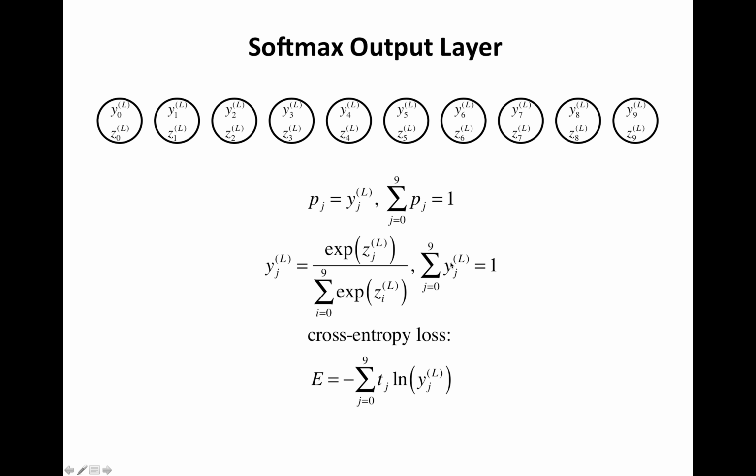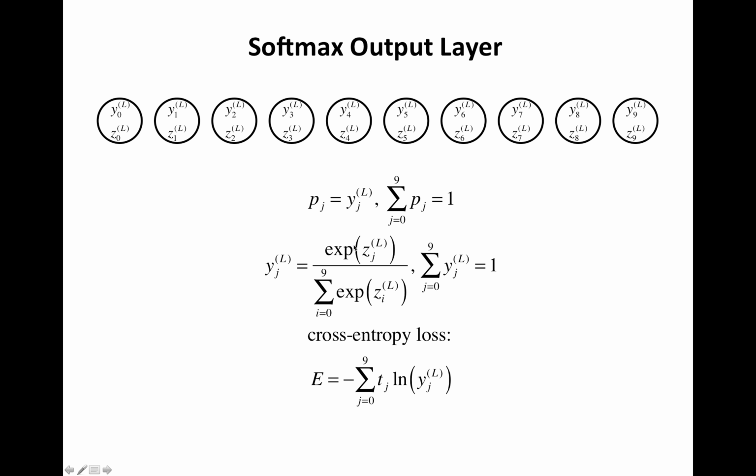So if the logit of the output neuron is given by Z capital L j, we can achieve this effect by setting the output Y L j equal to this particular expression. Y L j equals the exponential of Z L j.